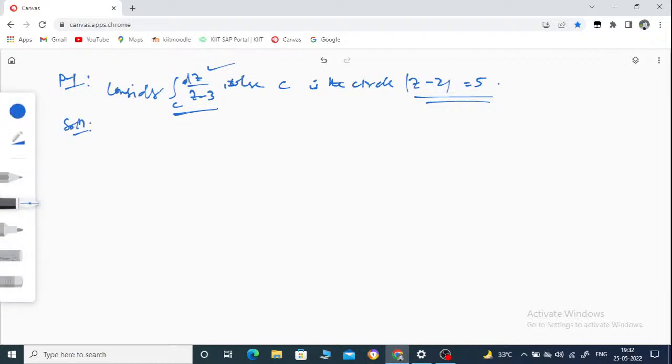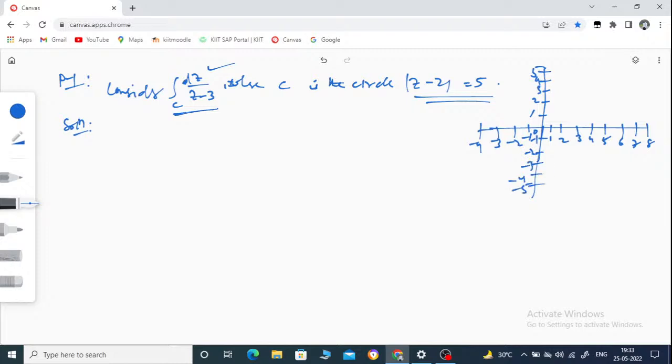So if we see what the circle is, what the equation is given to you. Suppose this is origin 0, this is 1, 2, 3, 4, 5, 6, 7, 8, and this is minus 1, minus 2, minus 3, minus 4, like this. Here this is 1, 2, 3, 4, 5, and then minus 1, minus 2, minus 3, minus 4, minus 5. So |z − 2| = 5 means its center is 2 and radius is 5.